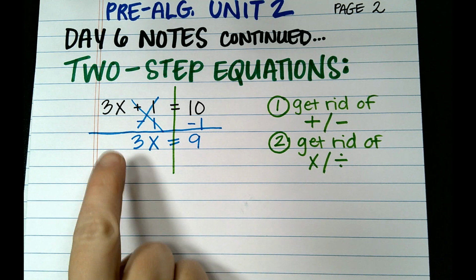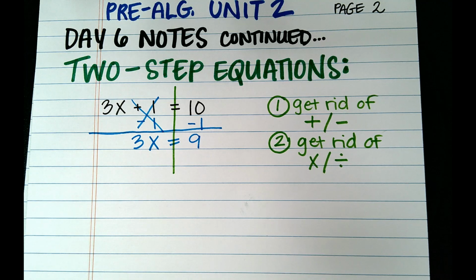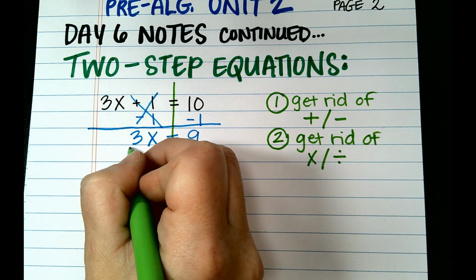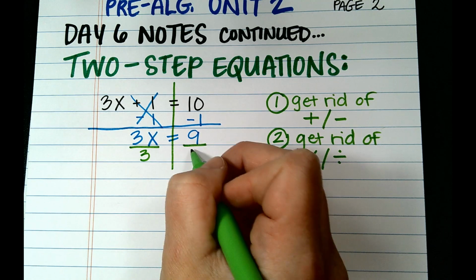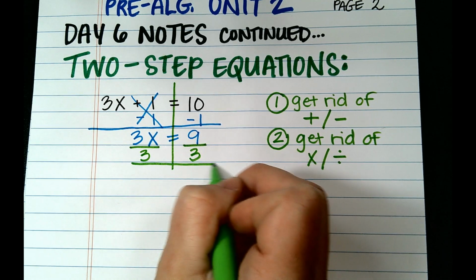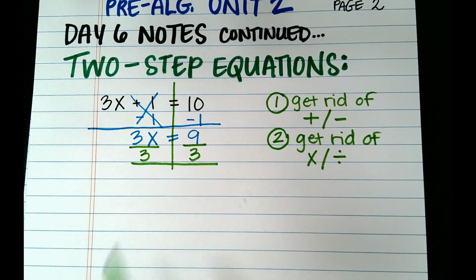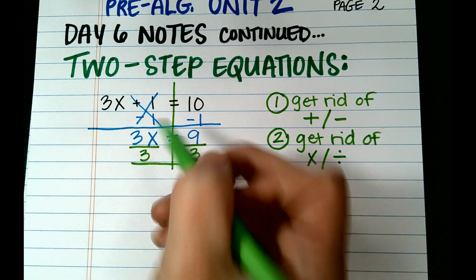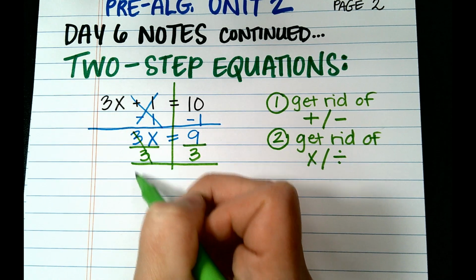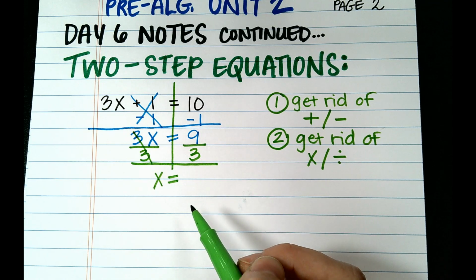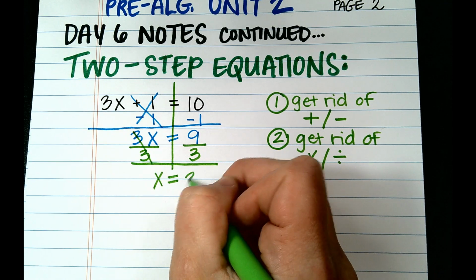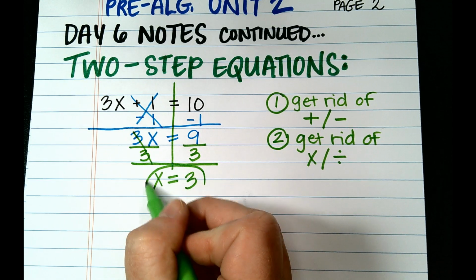Divide. Yes. This is 3 times x. To get rid of multiplication, we divide. So divide by 3 on both sides. And what happens to my 3's? They cancel. Bring my x down. My equal down. 9 divided by 3. Yes, it's 3. And that would be my answer.